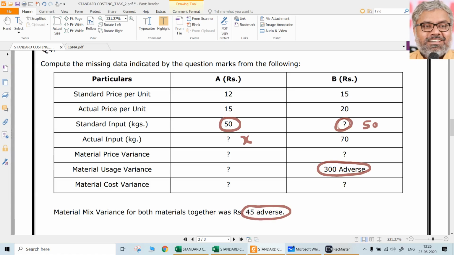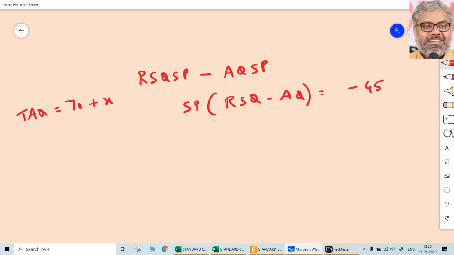And what is standard mix? 50-50, which means equal. So what will be the RSQ for each of the materials, for A also, for B also? That will be 70 plus X divided by 2 for both of them. That is the total of actual quantity distributed in standard mix, which is 50-50, equal. So RSQ also we have.